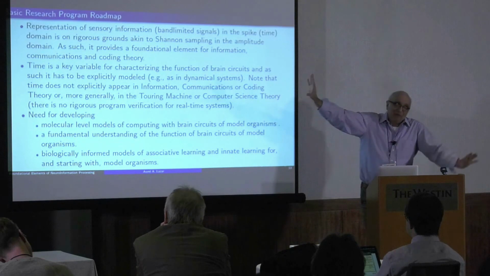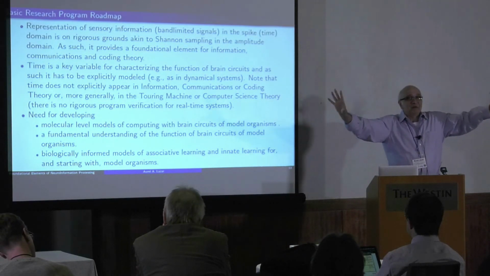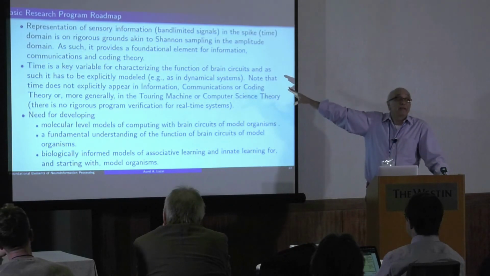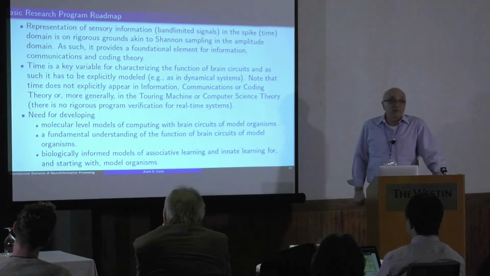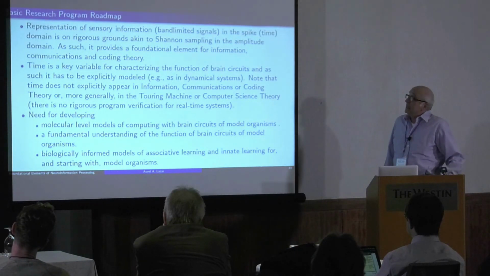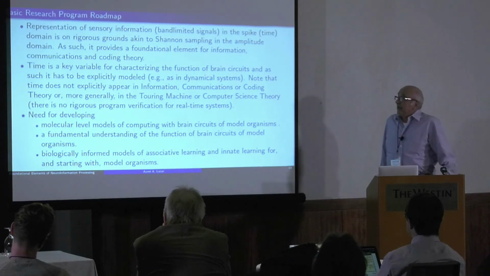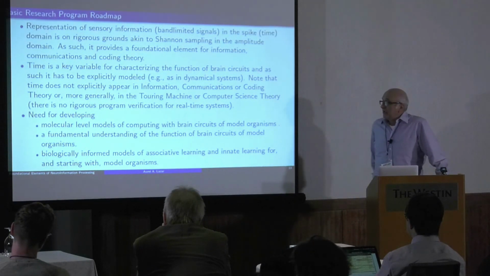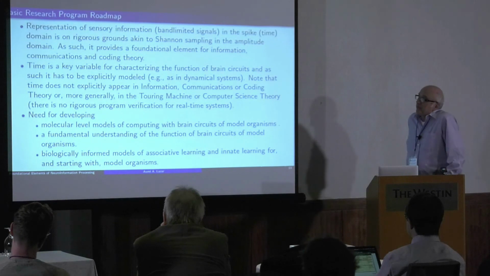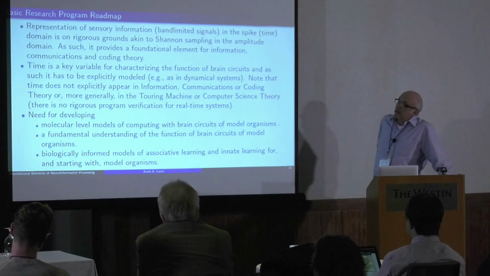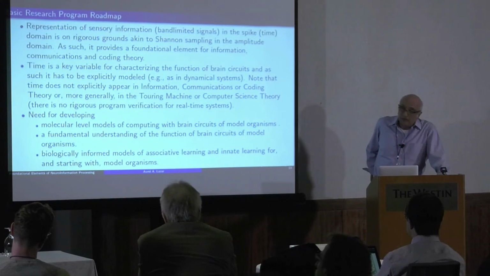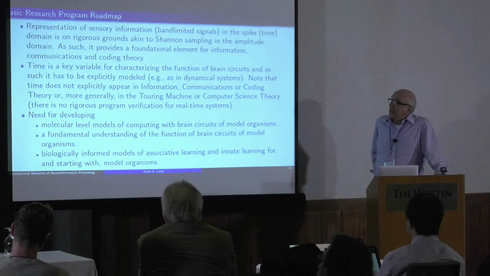You might be very disturbed by this, but it's very clear it's not there. Turing machines don't have the time concept. And so a program of research has to bring this in. Now, what we want to do is essentially bring in models of molecular computation of brain circuits.